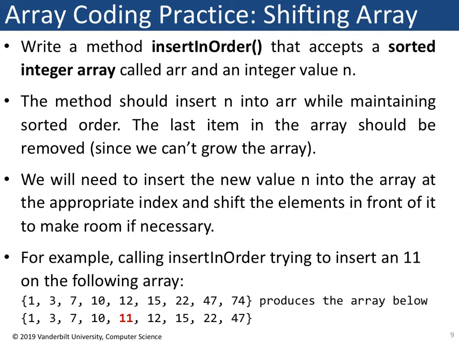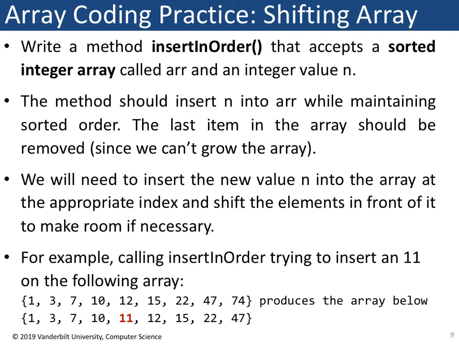We are going to look at inserting an element in a sorted array in the proper location. So we want to write a method that will insert some value into an array while maintaining the sorted order. So we are assuming that ARR is already sorted.